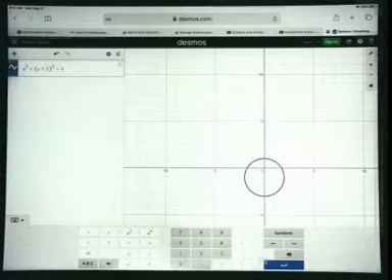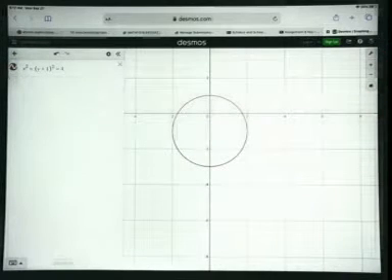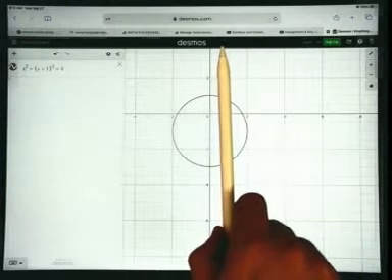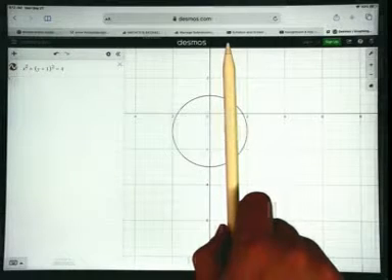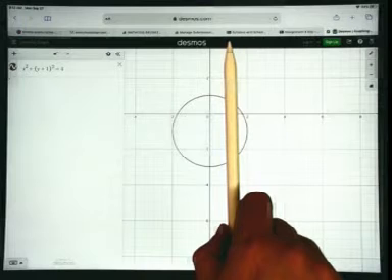Now, what was one of the things that we talked about in assignment 8 notes? The vertical line test. Remember, on a graph, if you can draw any vertical line and it crosses the graph more than once, then the graph does not represent a function.